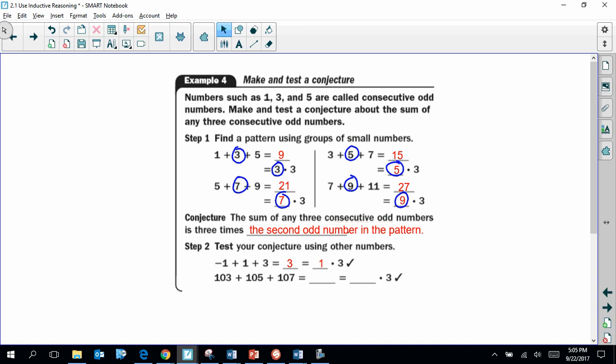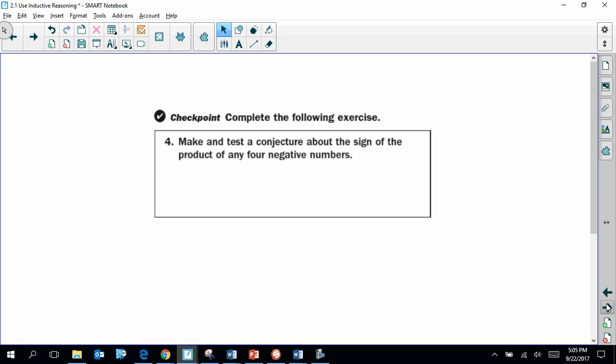And if I take the middle number and multiply it by 3, I'll still get what I got when I added them together. Taking a look at the next one, 103, 105, and 107, it does look like it holds true. So my conjecture, until somebody can prove it otherwise, does seem like a good conjecture.